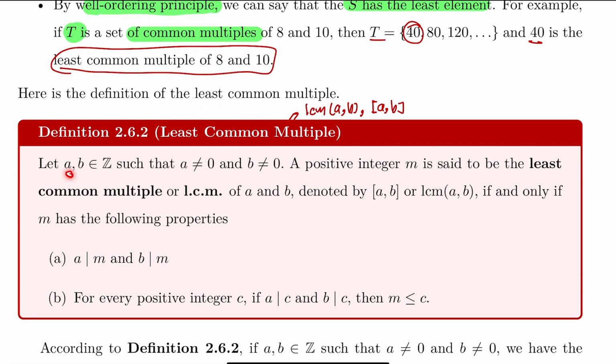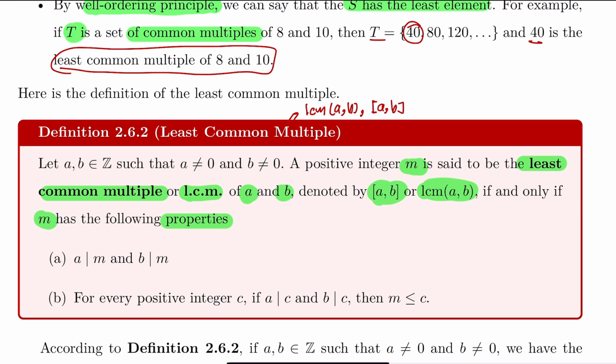If we let a and b be integers such that a is not 0 and b is not 0, a positive integer m is said to be the least common multiple, or LCM, of integers a and b, denoted by angular brackets a, b or LCM of a and b, if and only if this m has the following properties.